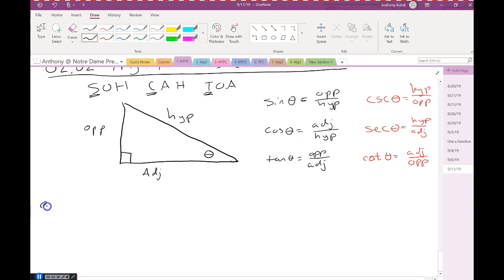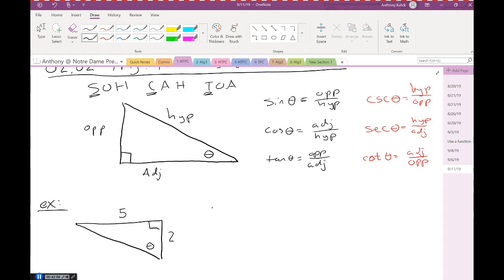So suppose that I wanted to find all 6 values for theta in this situation.